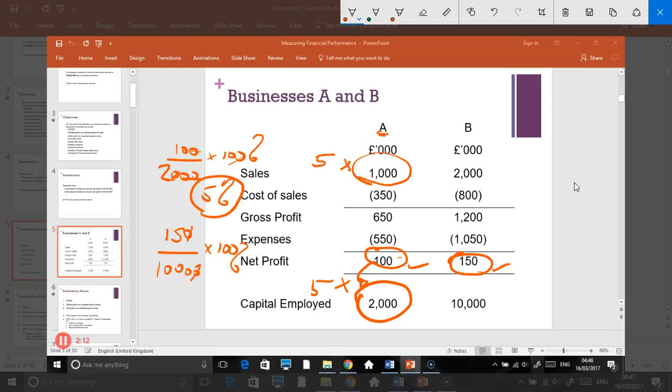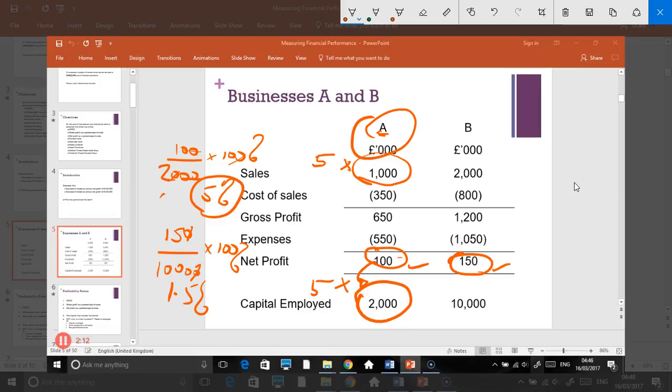And for B, it's 150 divided by 10,000, so this is 1.5%. You can see the argument here is that business A has brought you a higher return on capital employed. So that's the return on capital employed.